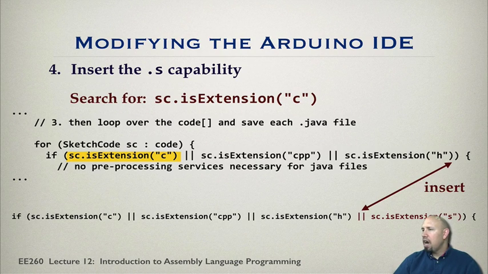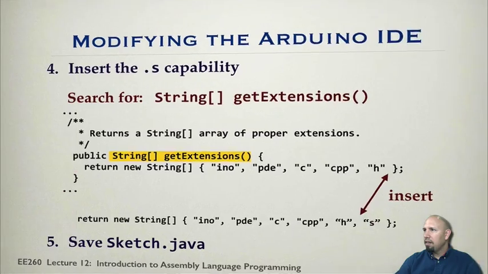So we just modify that one line to allow it to accept .s files. That's part of inserting the .s capability. So that's the first search. Again, this needs to be done in two places.